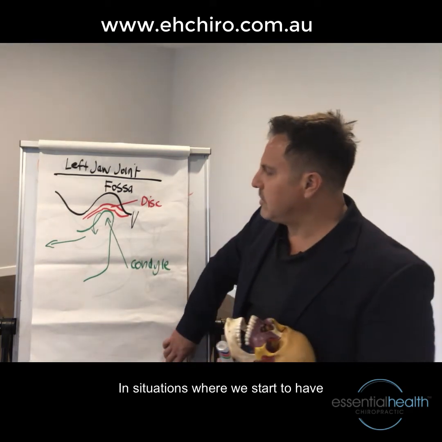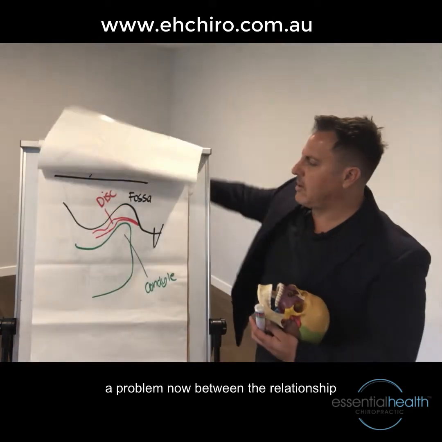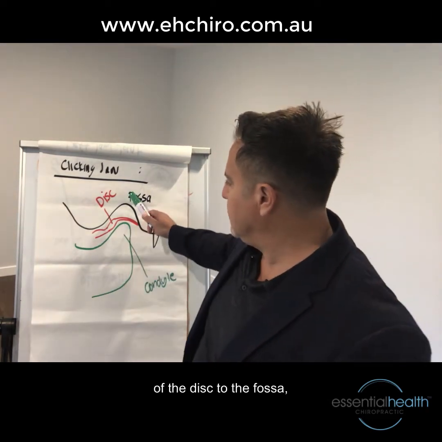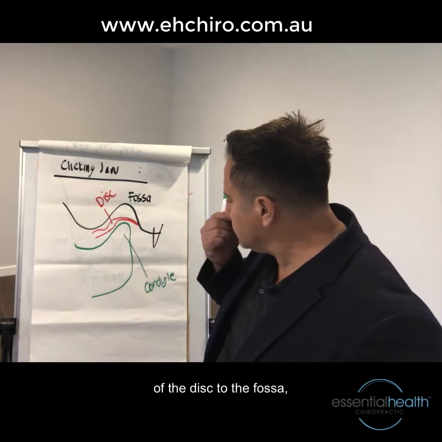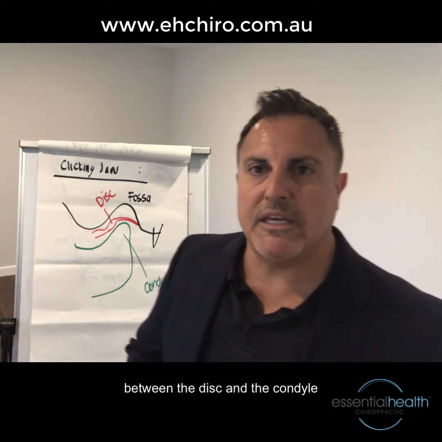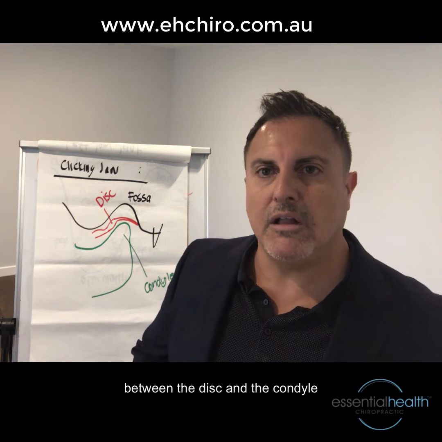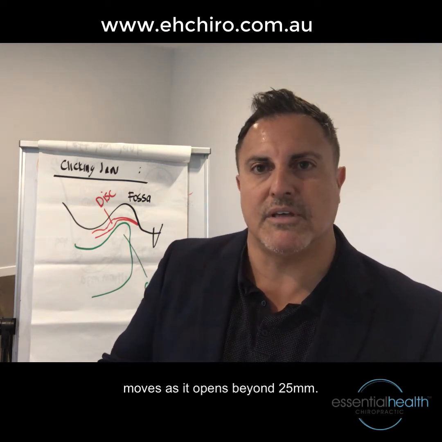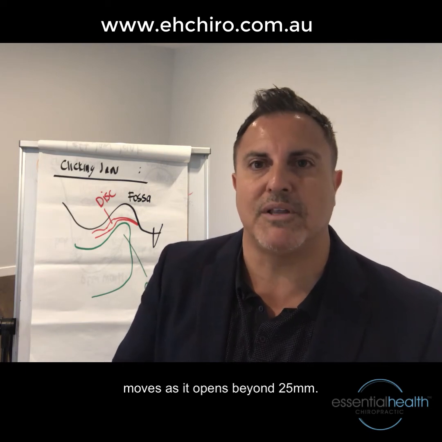In situations where we start to have a problem between the relationship of the disc to the fossa, you start to develop a poor relationship between the disc and the condyle, in particular in the way the condyle moves as it opens beyond 25 millimeters.